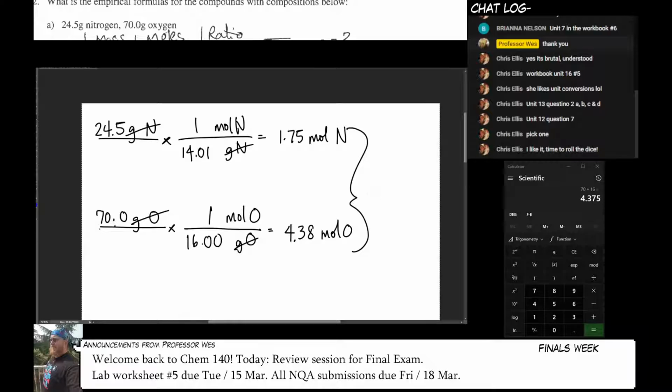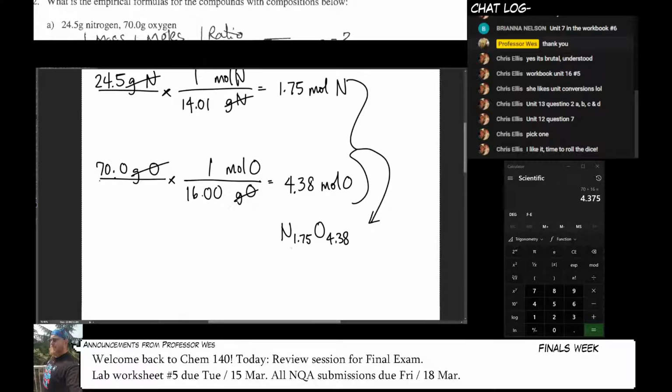And so we'll make a formula out of that, and we'll just put it down here. Not a very good formula, though. So what we're going to do is divide by the smallest number. And 1.75 divided by 1.75 is 1. But 4.38 divided by 1.75 is 2.5.